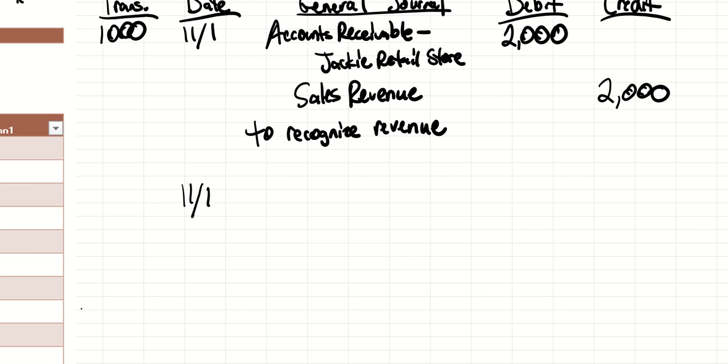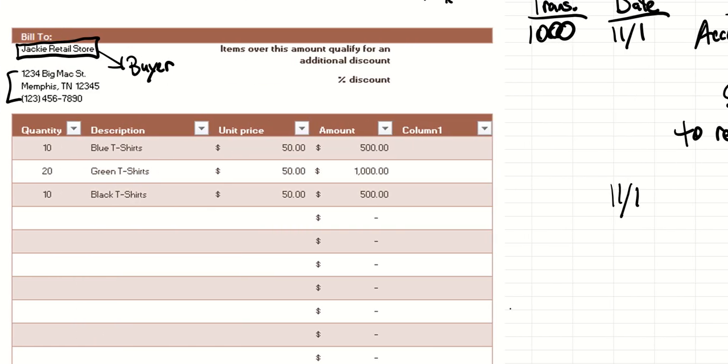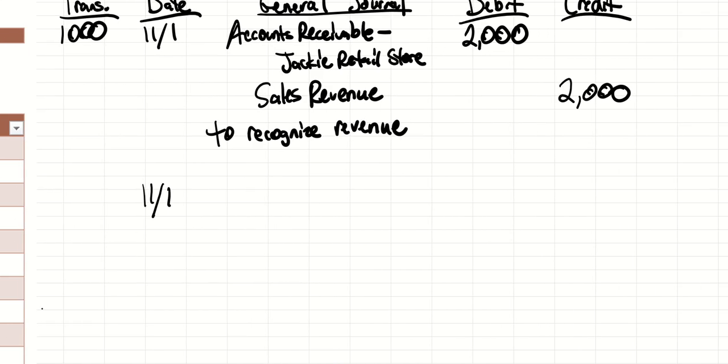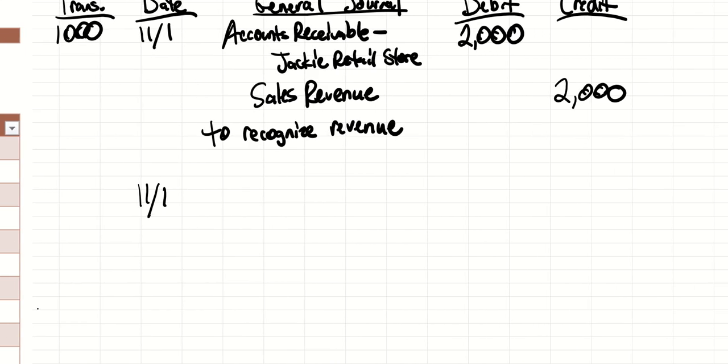When it comes to recognizing the expense, we have a total of 40 t-shirts. I already did the calculation of how much those 40 t-shirts cost Break a Leg, and it came out to be $345.